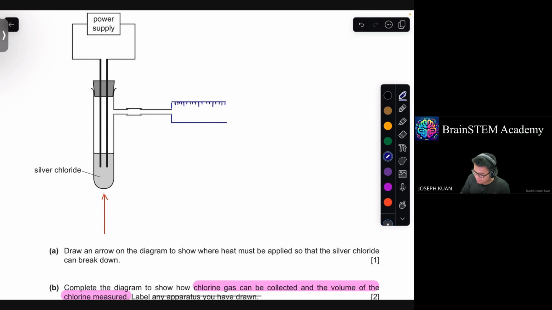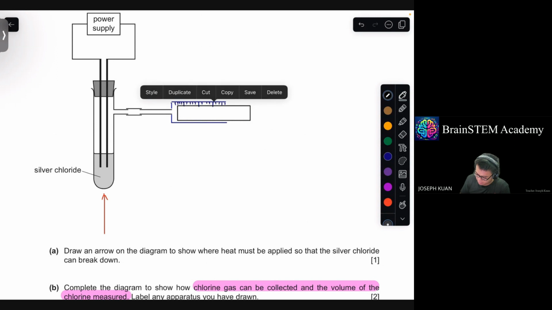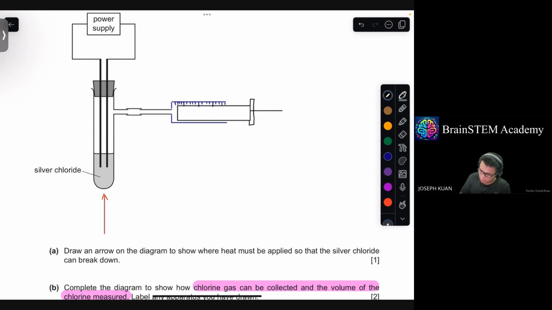Right, just a rough estimation. Then with the movable part, oops. Yep, and then we can draw the head of the gas syringe. So this is a gas syringe.